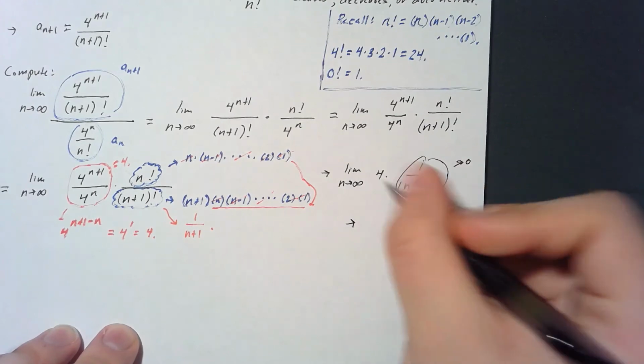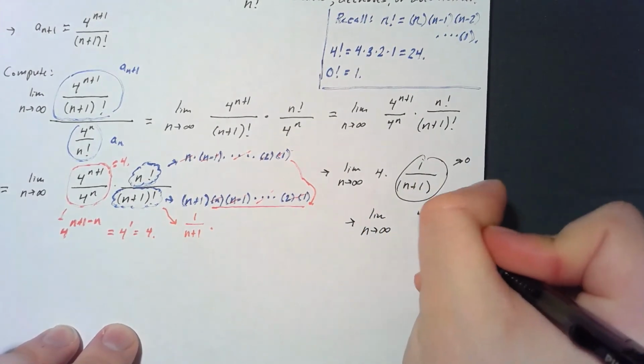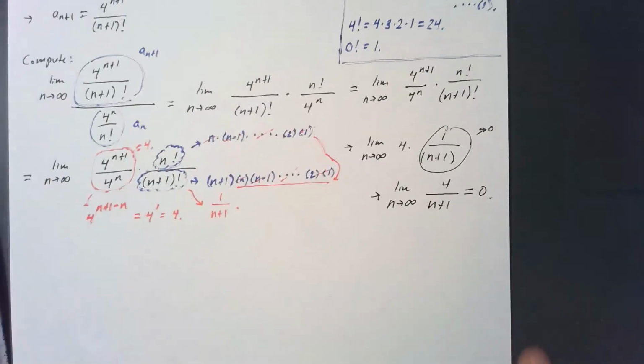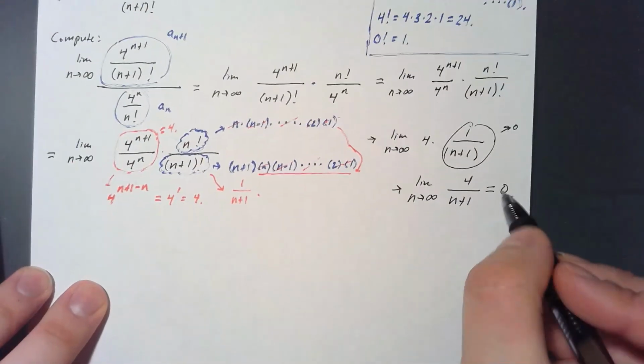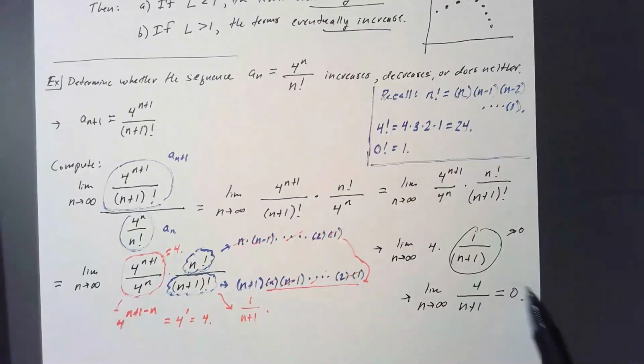So the limit as n approaches infinity of 4 over n plus 1 equals 0. All right, what's our conclusion then? Our limit is 0.